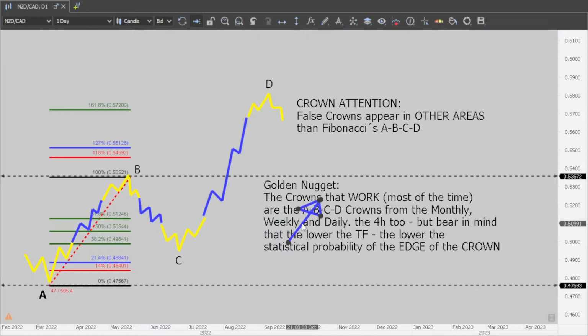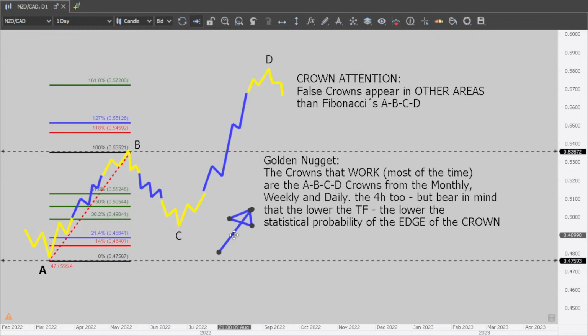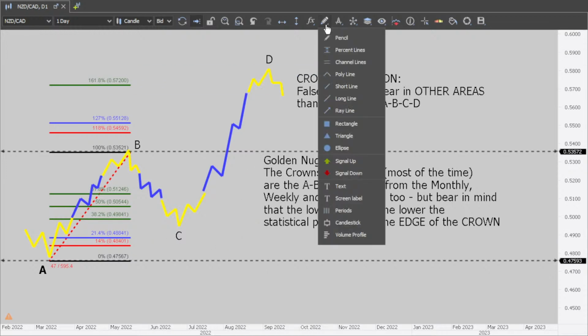Golden nugget, the crowns that work most of the time are the A, B, C, D crowns from the monthly, weekly, and the daily. Now, you are going to find crowns on the 4-hour too, but bear in mind that the lower the time frame, the lower the statistical probability of the edge of the crown. In other words, we should explain further, right?